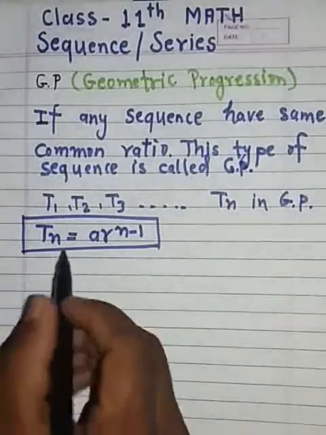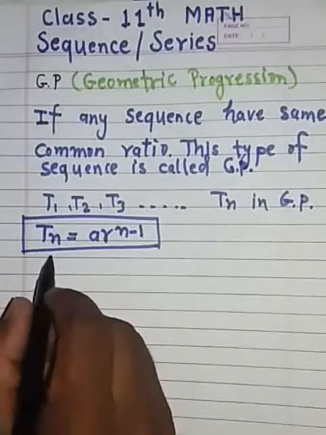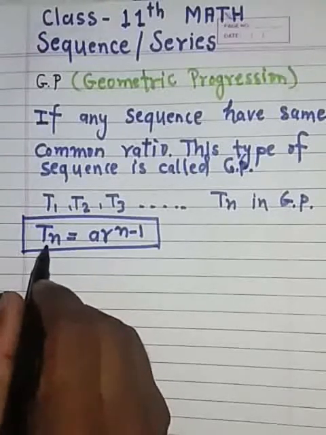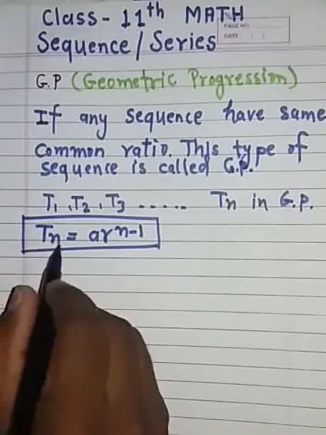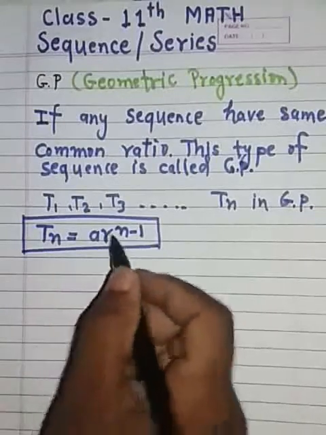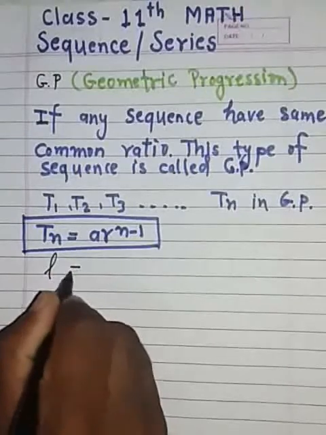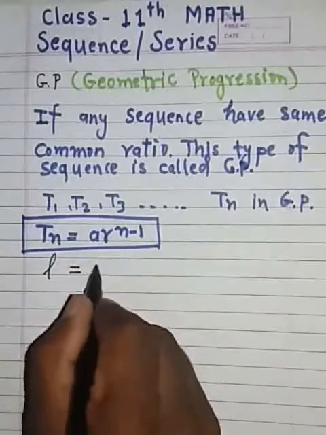In AP we have also studied that Tn is equal to a plus n minus 1 into d, but here in GP the formula of Tn is a r to the power n minus 1. Tn is also known as L. L means last term.